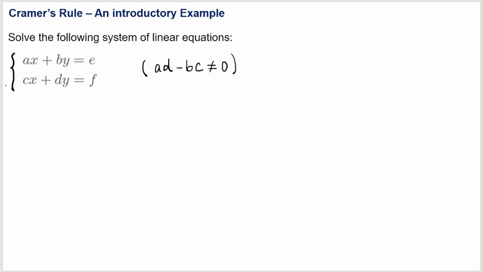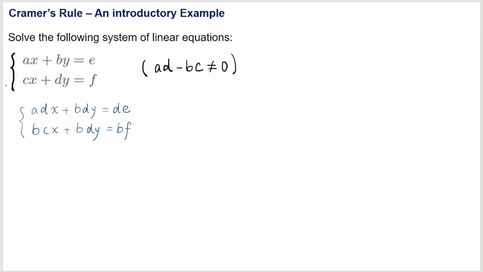So from the original equations, we have a new pair of equations: adx plus bdy equals de, and bcx plus bdy equals bf.